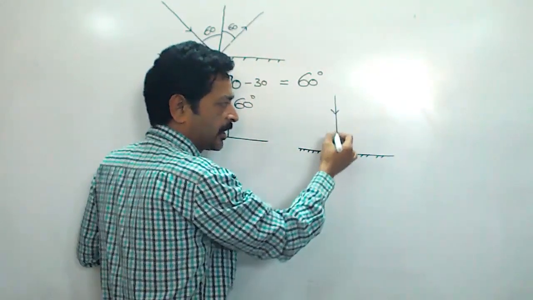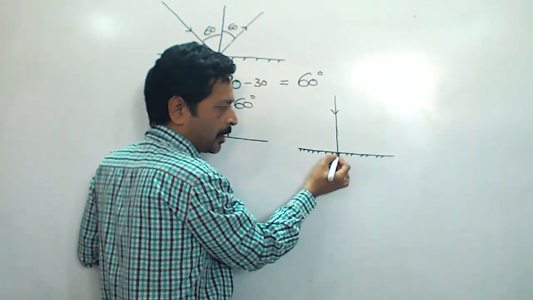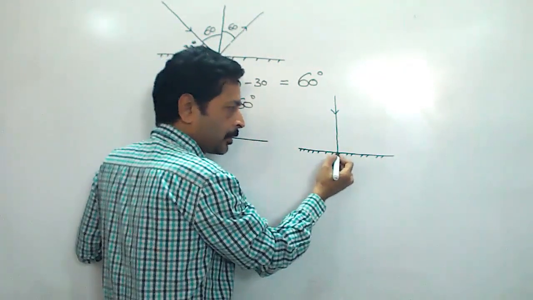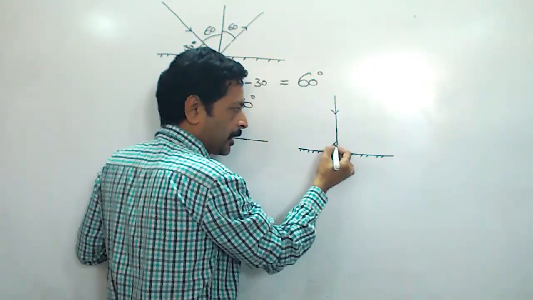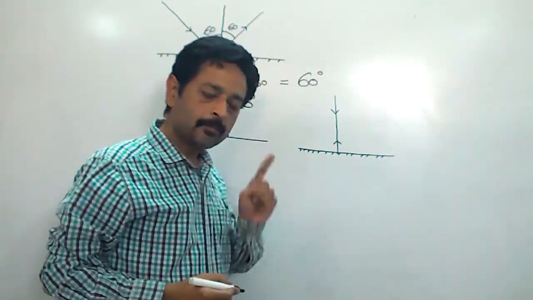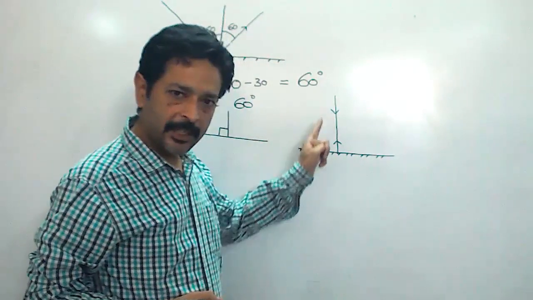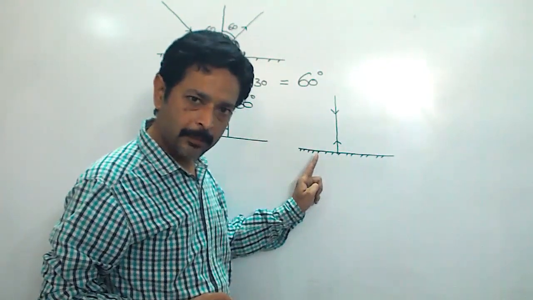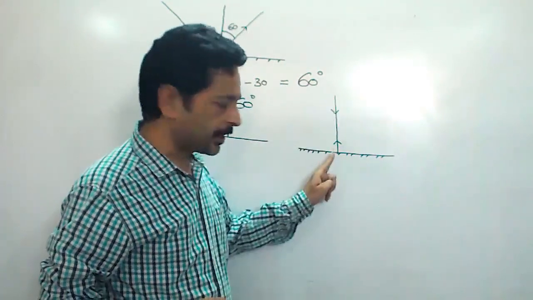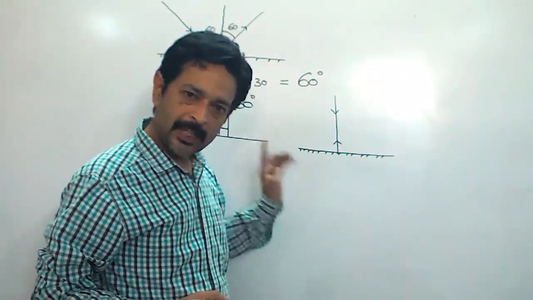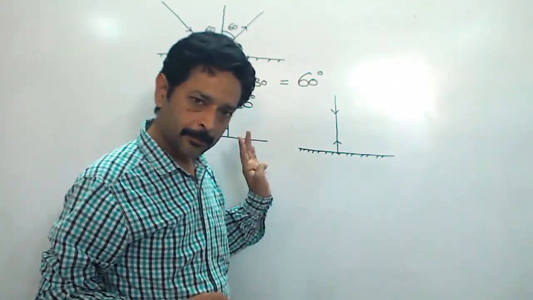So this is the incident ray and this is the point of incidence, and here the reflected ray will also be same. Remember this thing. If an incident ray falls perpendicularly or normally to the mirror, then the incident ray, normal and reflected ray, they will be same.